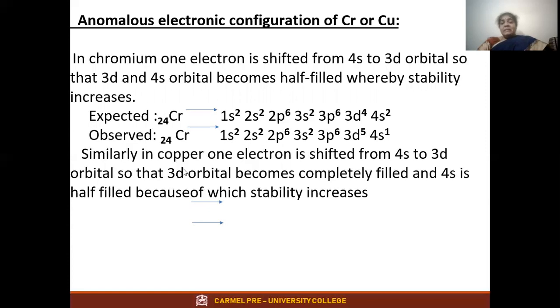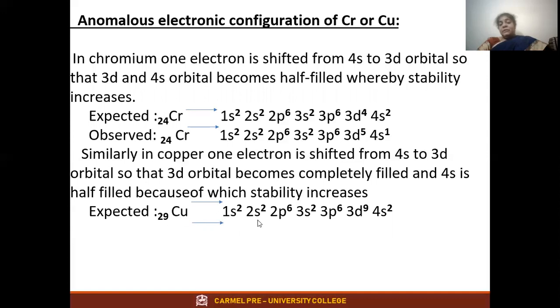Similarly in copper, one electron is shifted from 4s to the 3d orbital, so that the 3d orbital becomes completely filled and 4s is half filled, because of which stability increases. The expected configuration for copper, atomic number 29, is 1s2, 2s2, 2p6, 3s2, 3p6, 3d9 and 4s2.